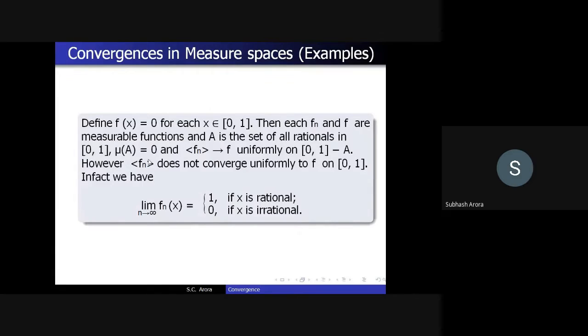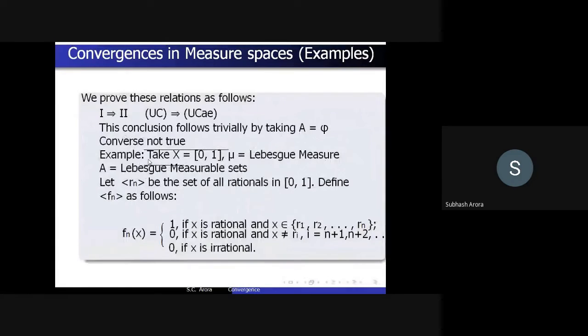By the way, this also serves as an example of a sequence of Riemann integrable functions whose pointwise limit may not be Riemann integrable. Each Fn is discontinuous only at a finite number of points, and therefore each Fn is integrable on the interval 0, 1, and F is not Riemann integrable because F x is equal to 1 if x is rational and 0 otherwise.